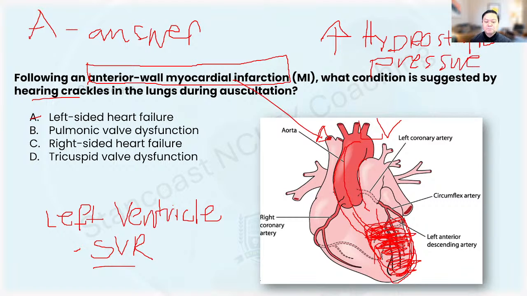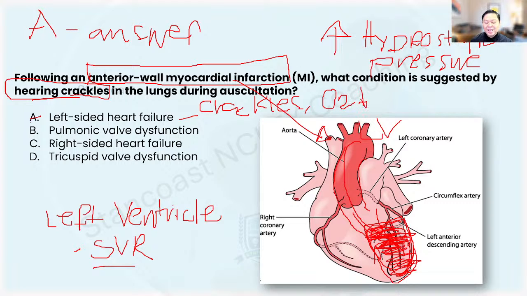Right? So, as we are talking about letter A, this is our answer because, again, this is caused by that fluid or blood congestion accumulating in the alveoli, in the interstitial spaces as well, or the pulmonary capillaries. And again, when you are auscultating the patient, you will be hearing crackles, like what we have in our scenario. And aside from the crackles, of course, the oxygen saturation will also go down, right?